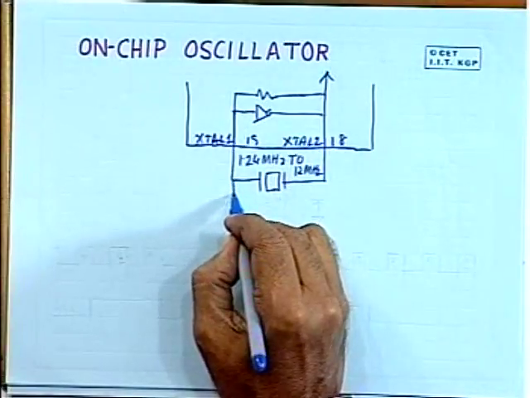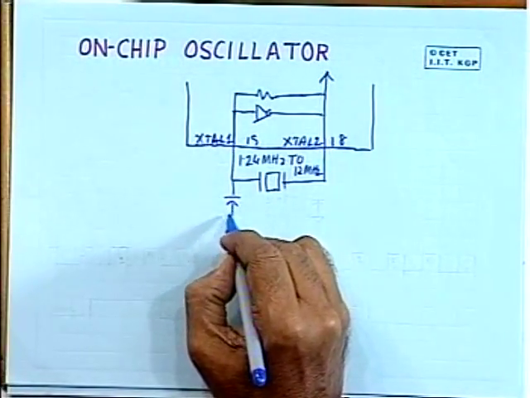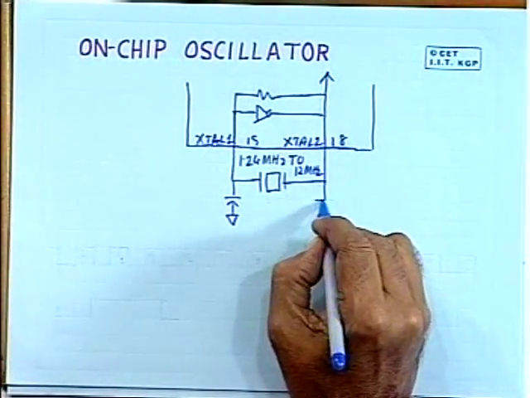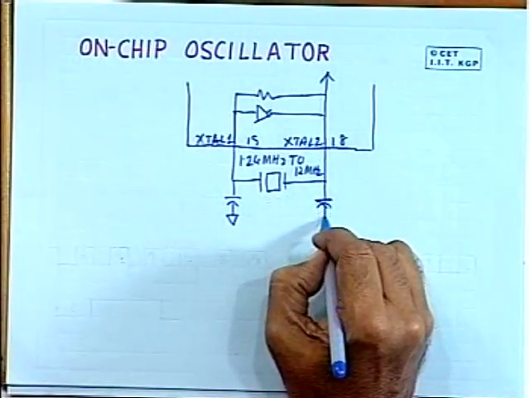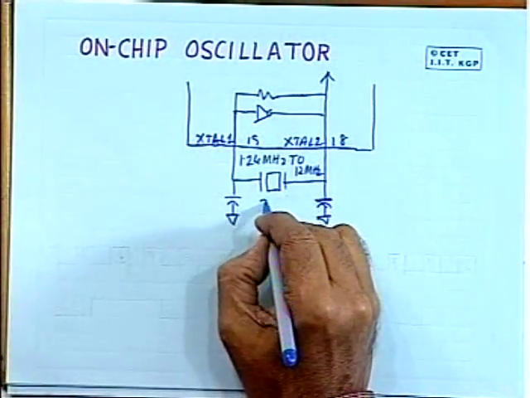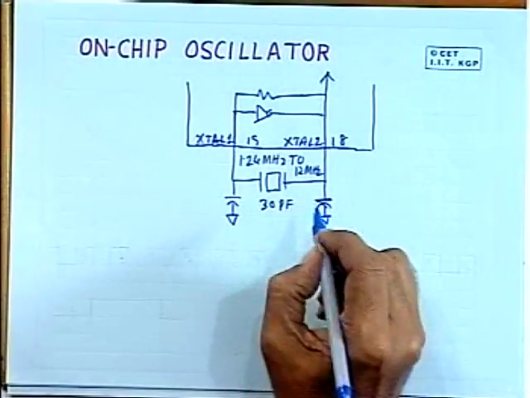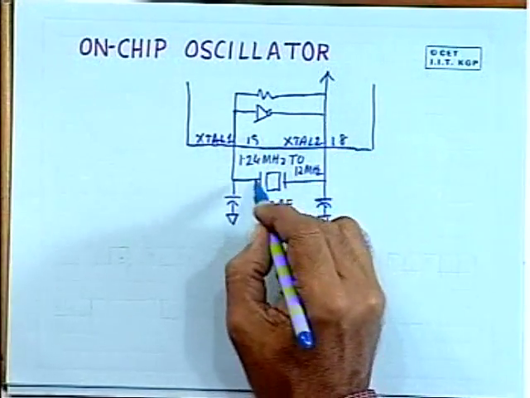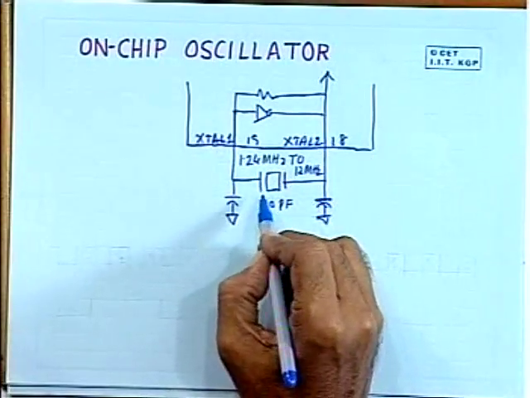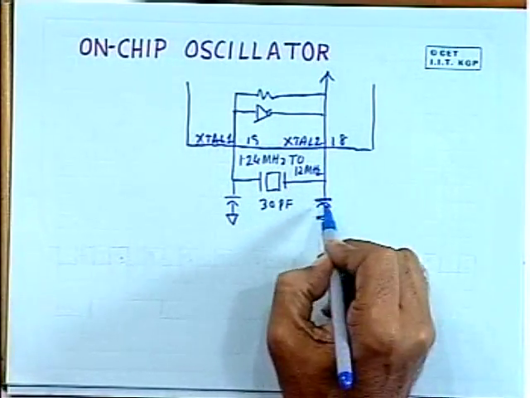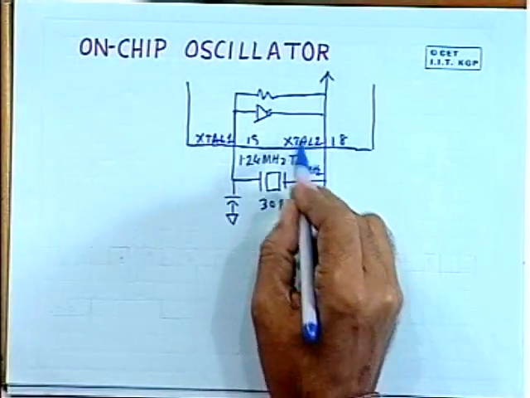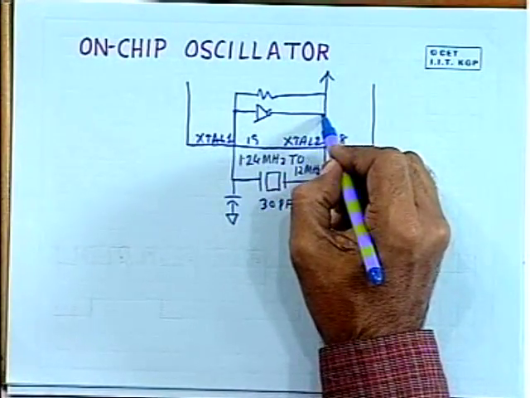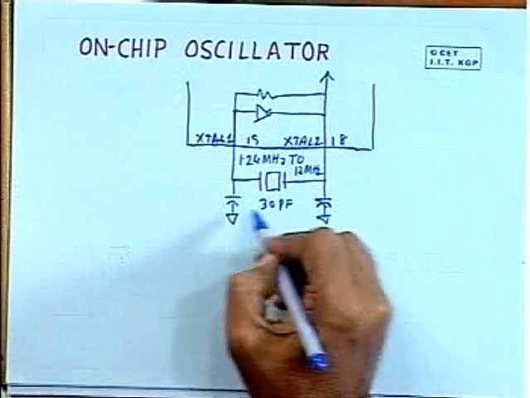However, it will require two additional components, two capacitors of low value, say 30 picofarad, so that the oscillator oscillates at the fundamental frequency of the crystal. Otherwise, if these capacitors are not there, the oscillator can oscillate at some harmonic frequency. To suppress oscillation at harmonic frequency, these capacitors are necessary.